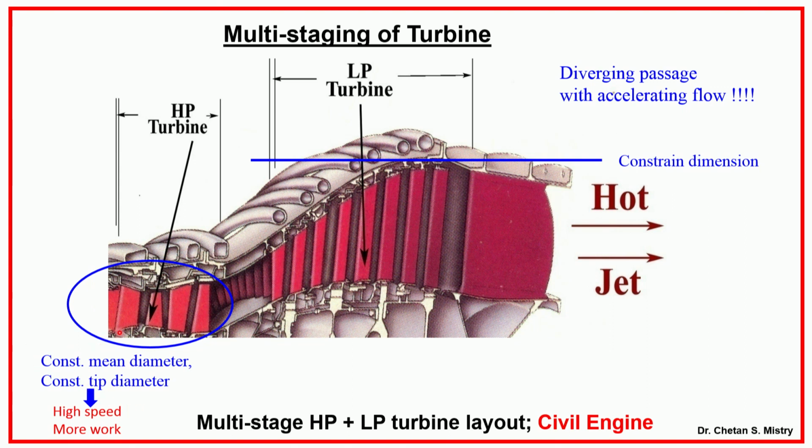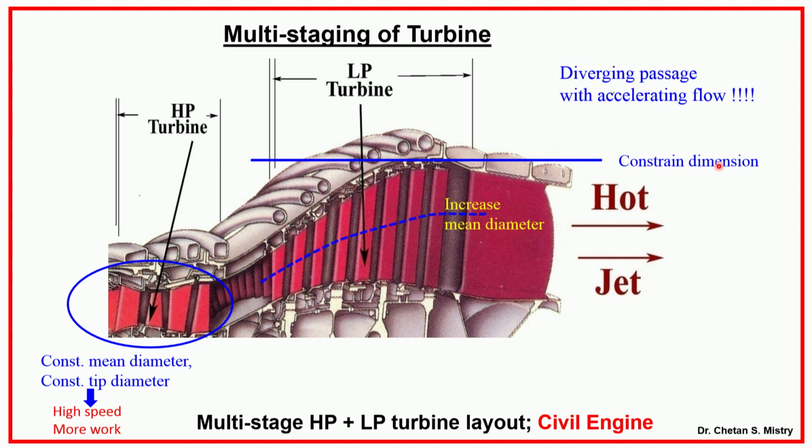When talking about LP stages, we have a constraint here, because the aircraft manufacturer will say you do not have this much space, and you need to accommodate the full engine, compressor, combustor and turbine, within this particular space. That is my constraint.